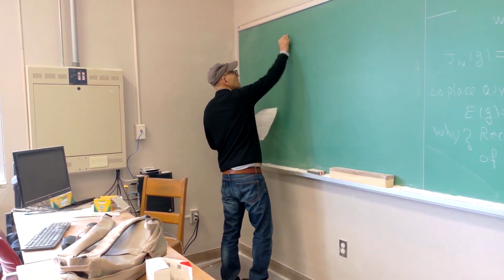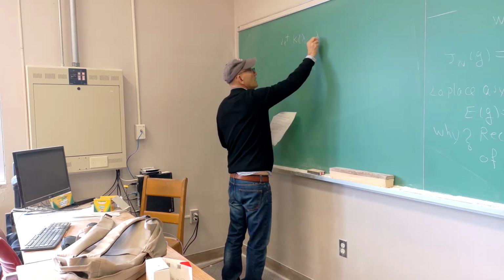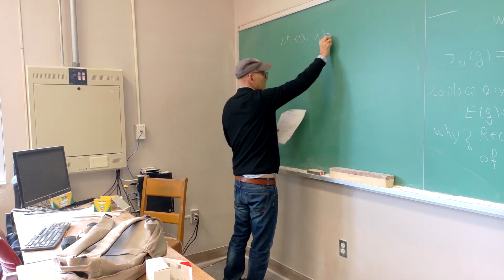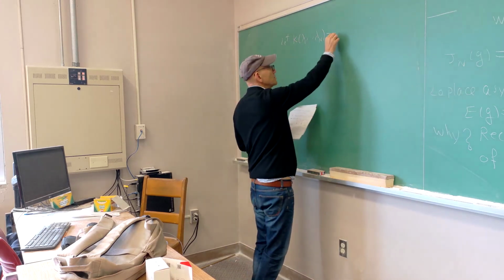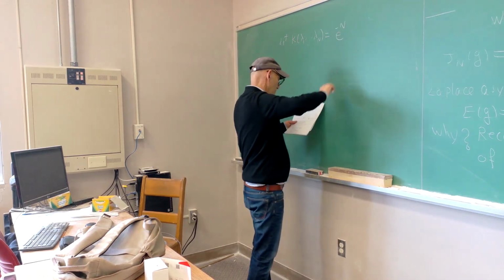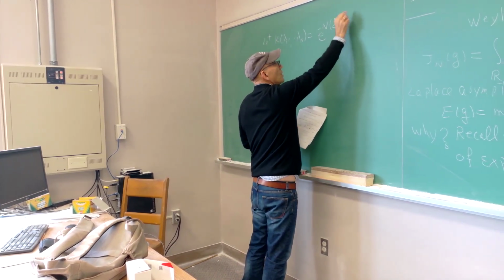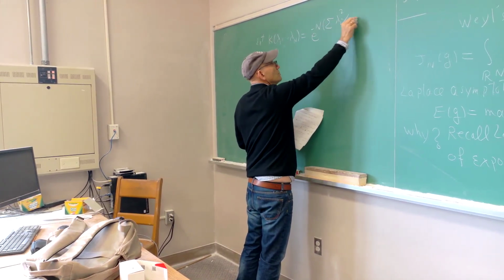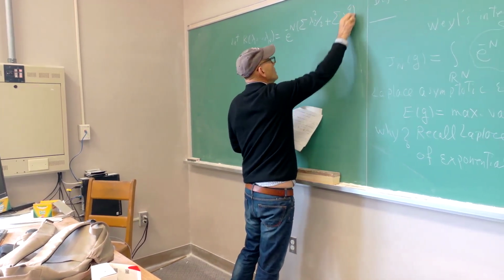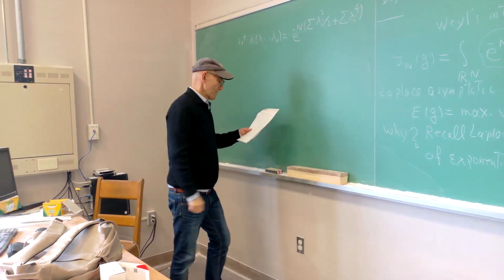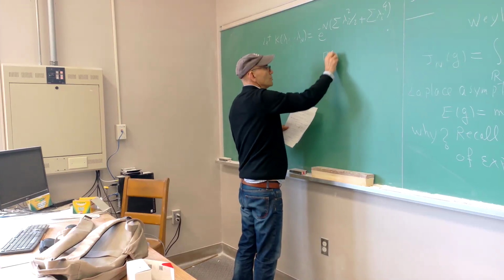Let k of lambda 1 to lambda n be by definition just the integrand over there, exponential of minus n times the sum of lambda r squared over 2 plus the sum of lambda r to the 4 over 4, times the van der Waals part.